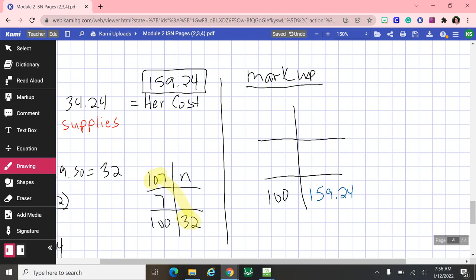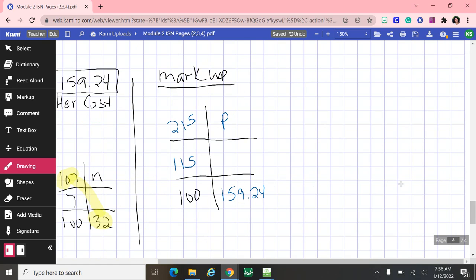Our book, if you look back at the original problem, tells us that she marked it up by 115%. So the price she sells it for was 215% of what she paid. She had to make a profit, right? She's not just doing this for charity. So I'm going to use P for selling price.